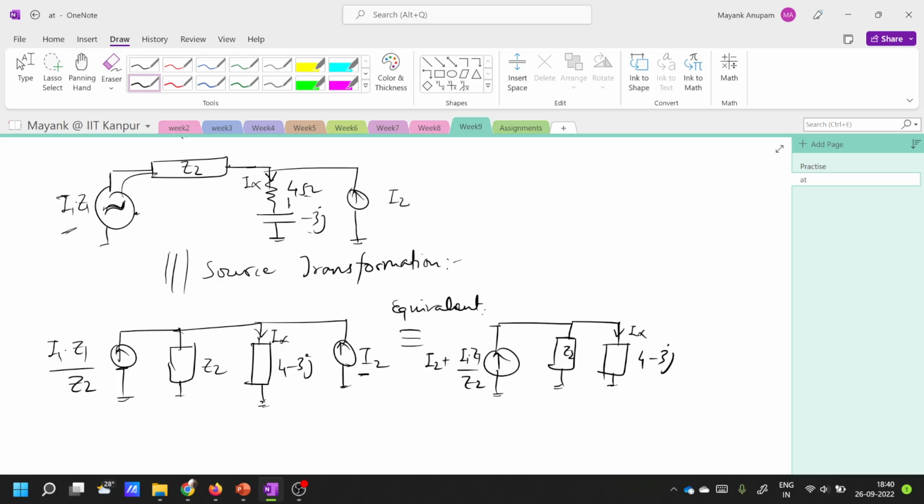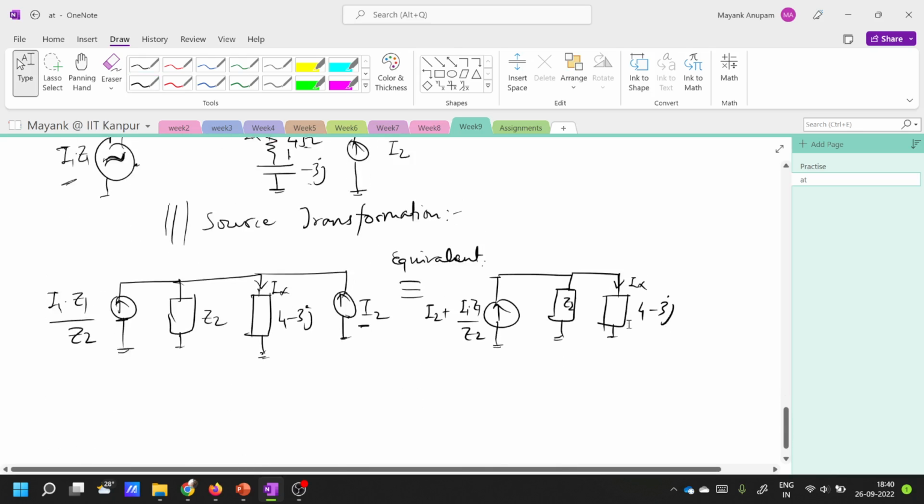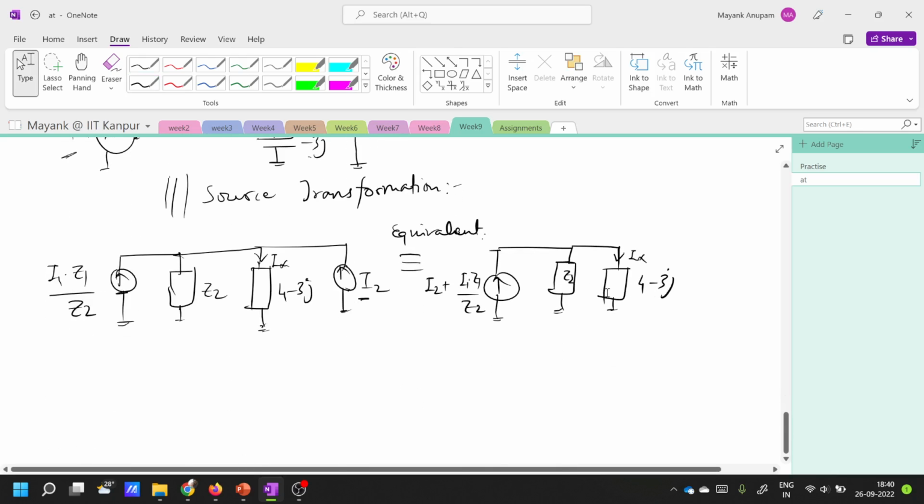The Ix will be in this case what? It's a simple current division between two parallel connected impedances. So you already remember the formula, right? The current Ix in this case will be equal to the total current, I2 plus I1 times Z1 divided by Z2, multiplied by the opposite impedance.